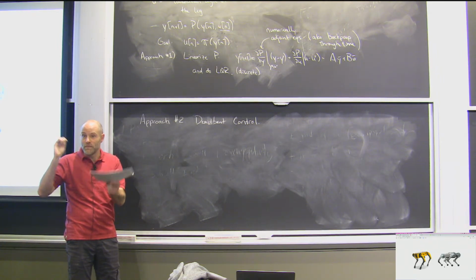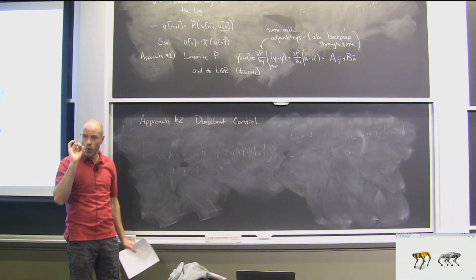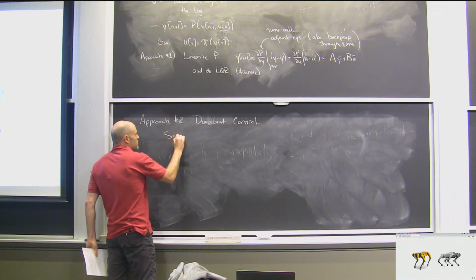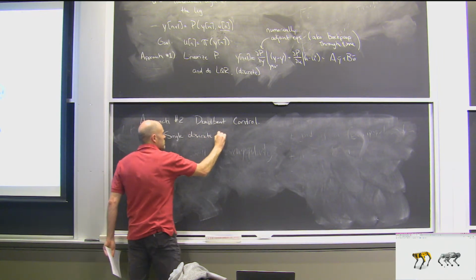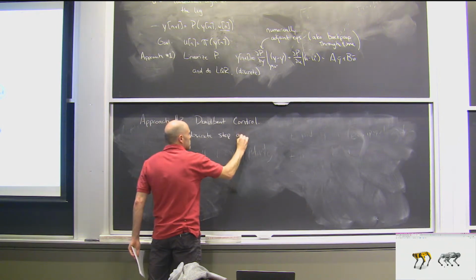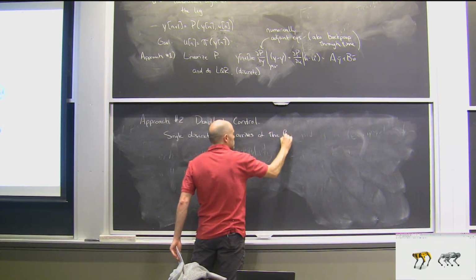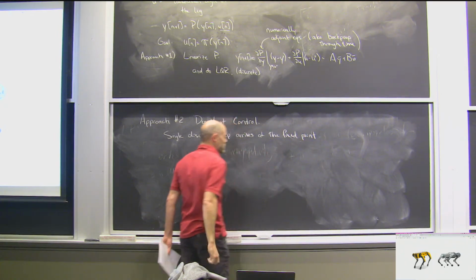So a deadbeat controller would mean in a single discrete step, I obtain the origin exactly, at the desired fixed point, right?